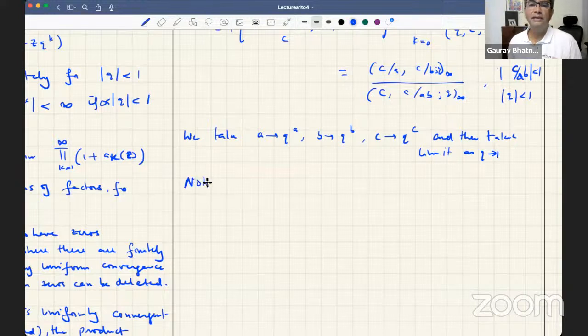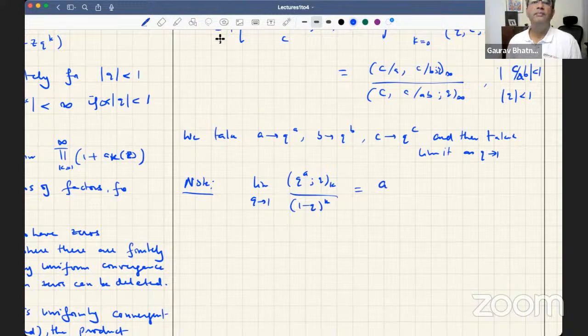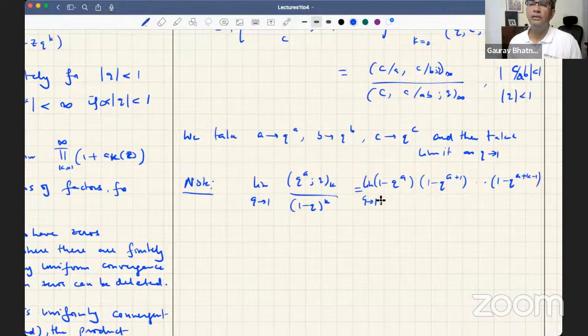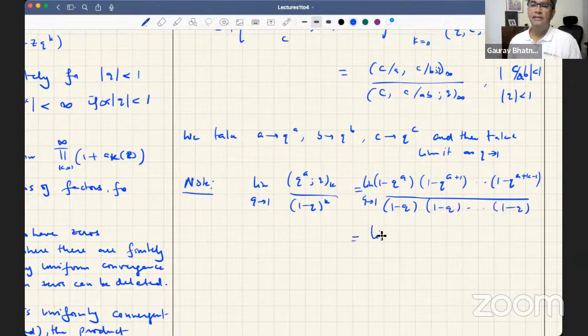So how do we take this limit? We note that, first of all, the limit as q goes to 1 of (1 minus q raised to a plus k) divided by (1 minus q raised to k)... this we had just taken earlier, but let me repeat it. This is the limit as q goes to 1 of (1 minus q^a)(1 minus q^(a+1)) and so on up to (1 minus q^(a+k-1)), and then there are k factors of (1 minus q) in the denominator.